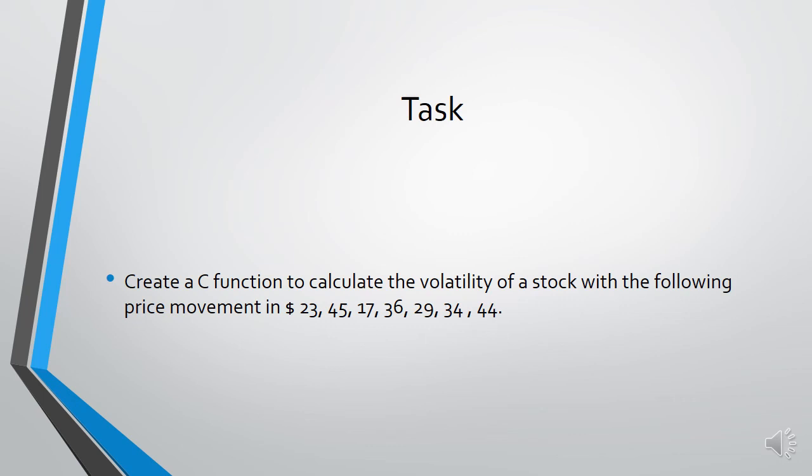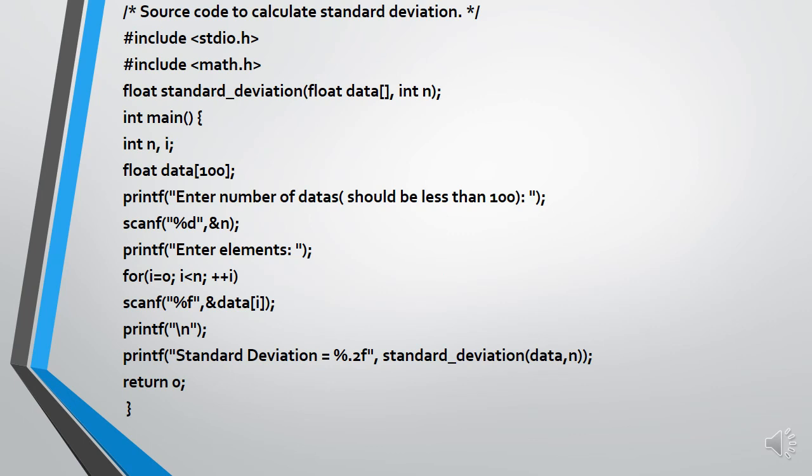You use your standard deviation and compute it, and you are able to tell the volatility based on the use of the arrays as the data structure. This is the solution that you should come up with.